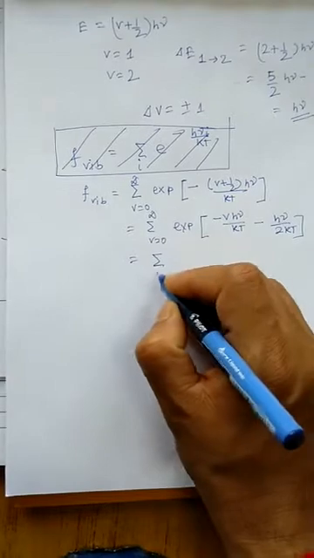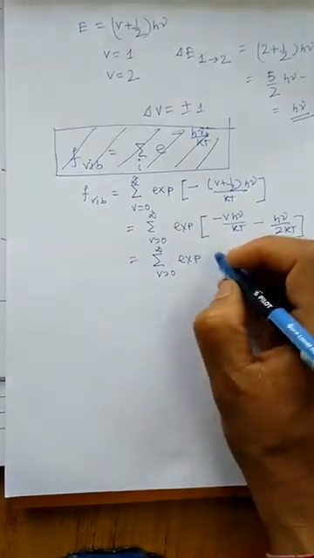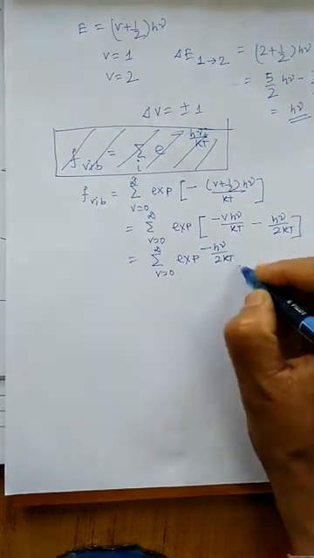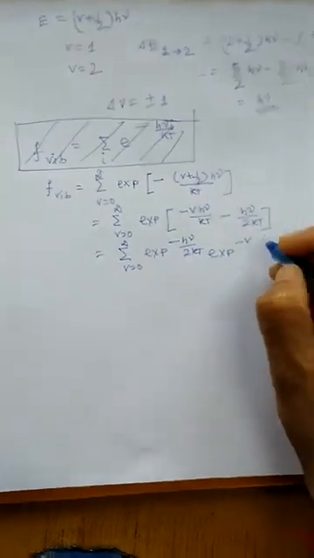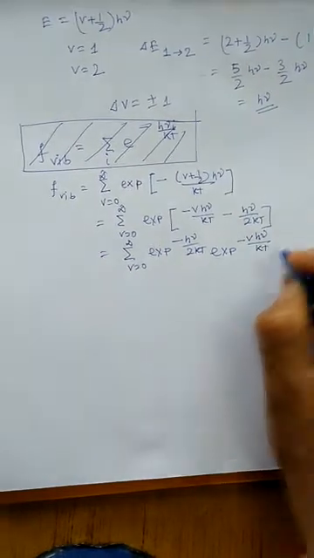So the sum over v equal to 0 to infinity of exponential minus h nu by 2kT multiplied by exponential minus v h nu by kT.